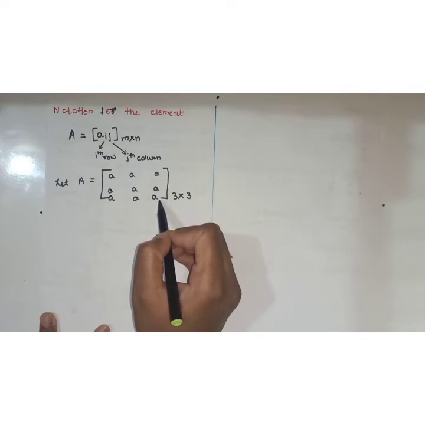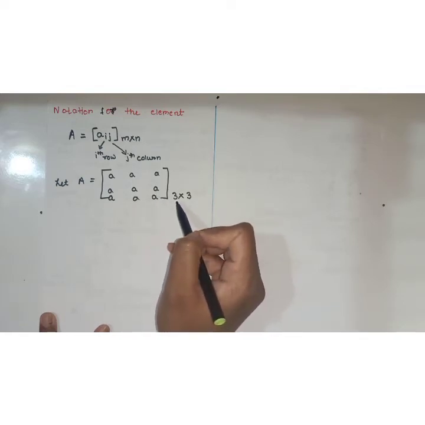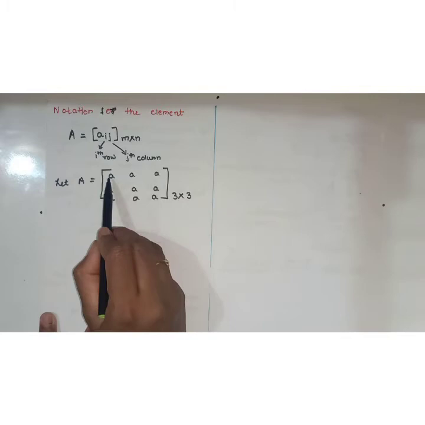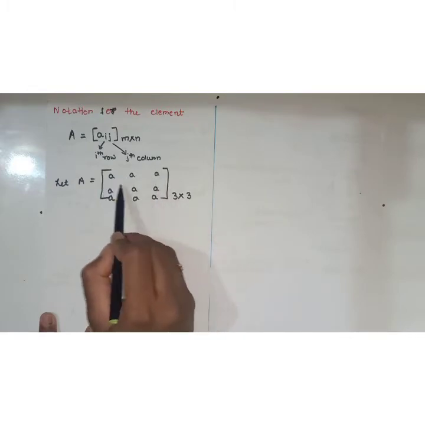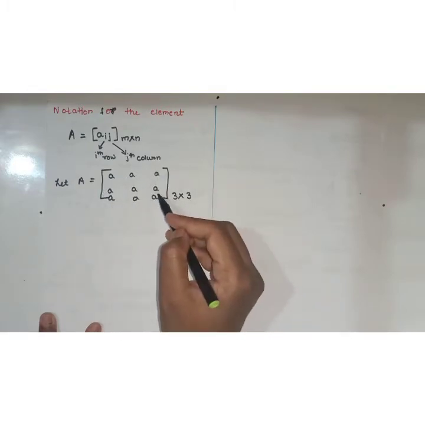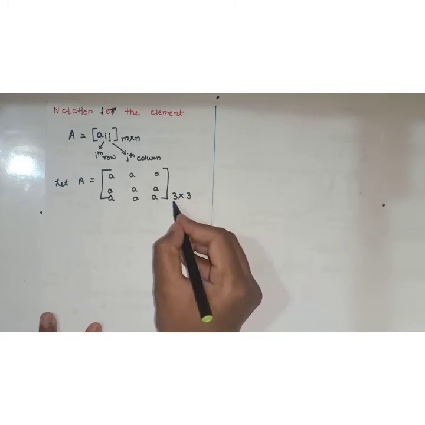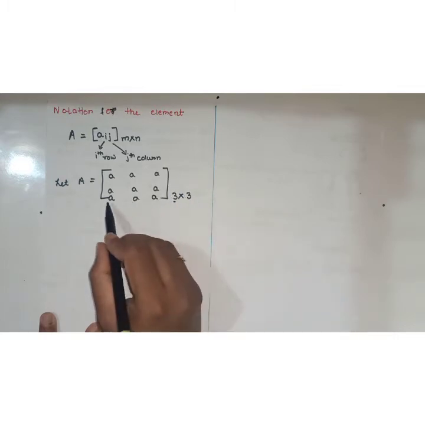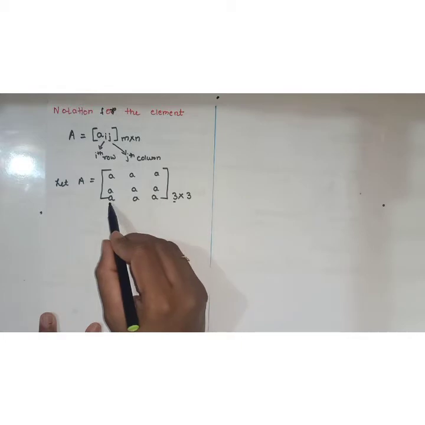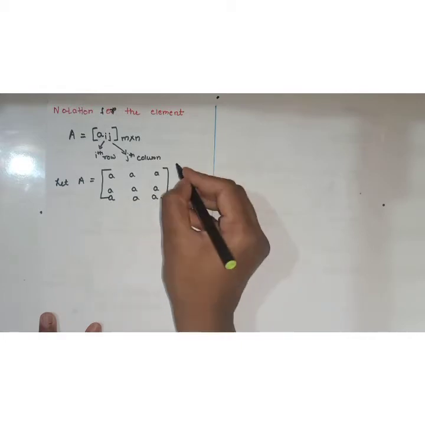It will have 9 elements. This is your row: first row, second row, third row, because we have 3 rows here. And how many columns? 3 columns: first column, second column and third column.